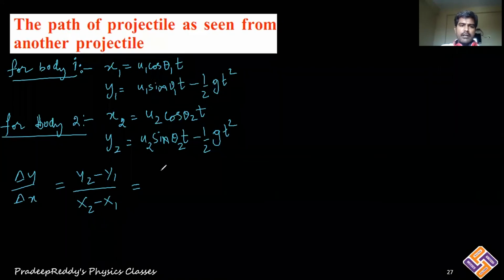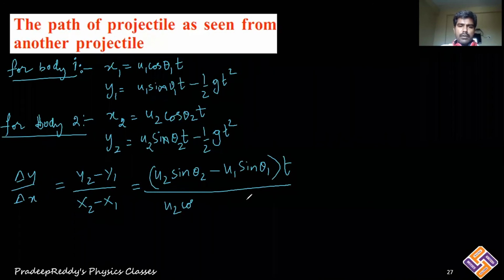What is left over here? u2 sin theta 2 minus u1 sin theta 1 into t divided by x2 minus x1, which is u2 cos theta 2 minus u1 cos theta 1 into t. This t and t gets cancelled.